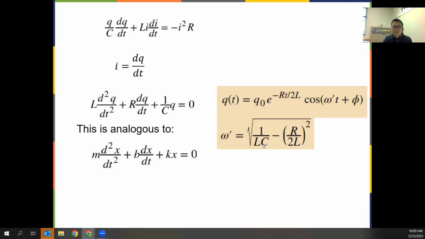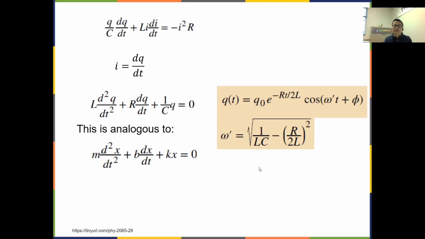This is similar to the damped oscillation. So the solution there, and omega prime is this. All right, and you can also go back to when we had the harmonic oscillation to see this. Similar result there.